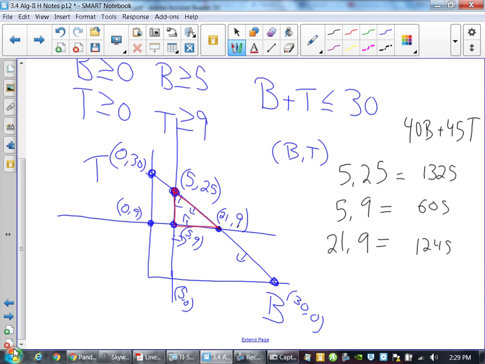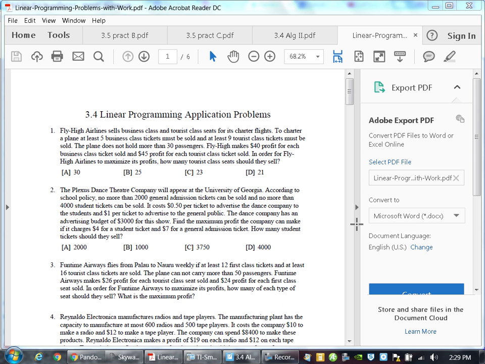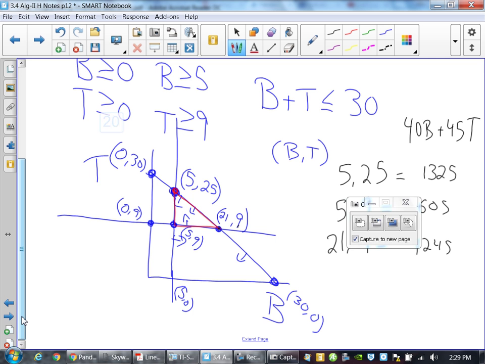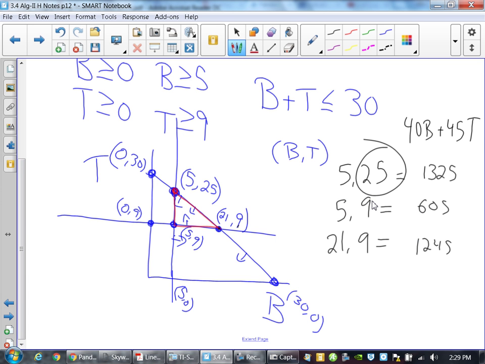Apparently you're part of the Plexus Dance Theater Company that's going to the University of Georgia. Yeah, I think our final one here, the tourist seats, your answer winds up being 25 of them: 5 business class and 25 tourists.